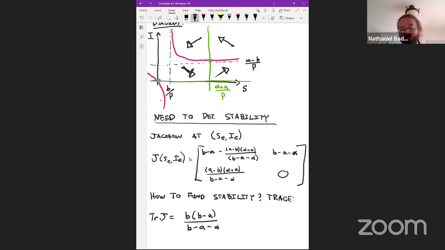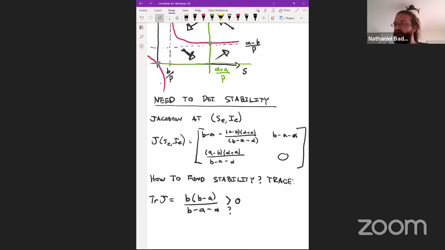Okay, so this is great. Trace greater than 0? This basically answers itself. We know that B is going to be positive. So if B minus A is greater than 0, which generally is the case that we care about, then the sign is entirely determined by alpha.